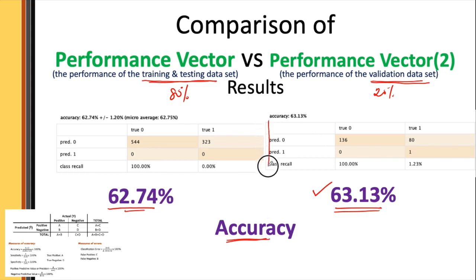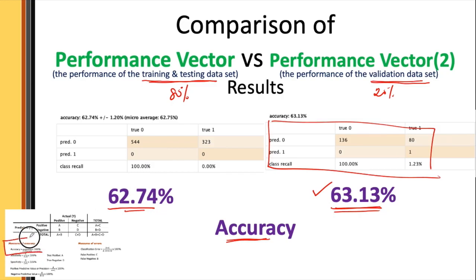Now, given this confusion matrix here, the accuracy, which is 63.13%, is computed using this equation given this 2x2 table. Accuracy is computed as A plus D over the total times 100%.